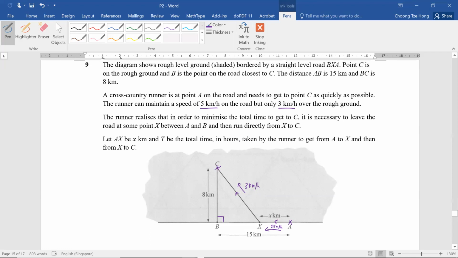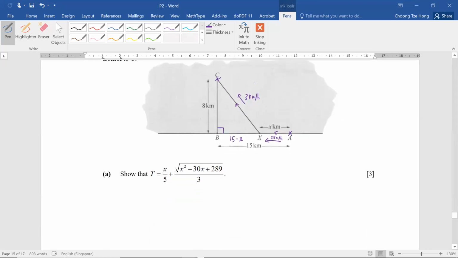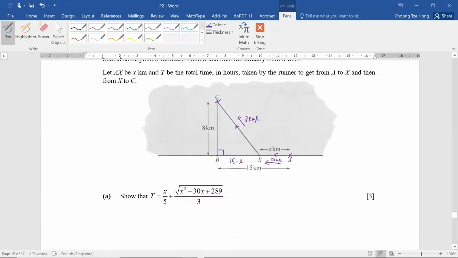If AX is x and AB is 15, then XB should be 15 minus x. Let T be the total time in hours taken by the runner to get from A to X and then from X to C. They want us to show that T, the total time taken, is given by this expression.